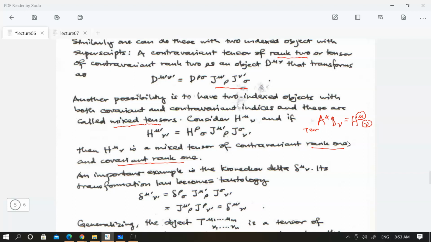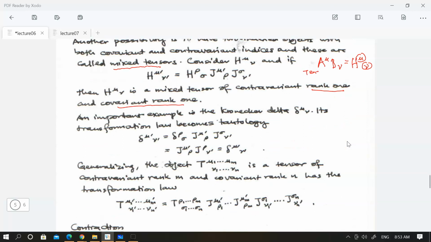Anything which has indices written in this way, with one on top and one at the bottom, is called a mixed tensor. And it will behave by taking the product of one Jacobian matrix and one inverse Jacobian matrix.